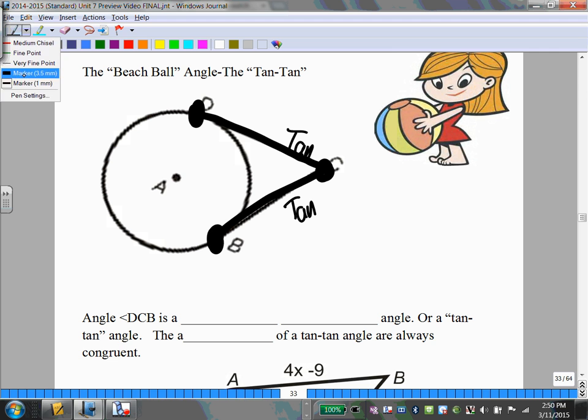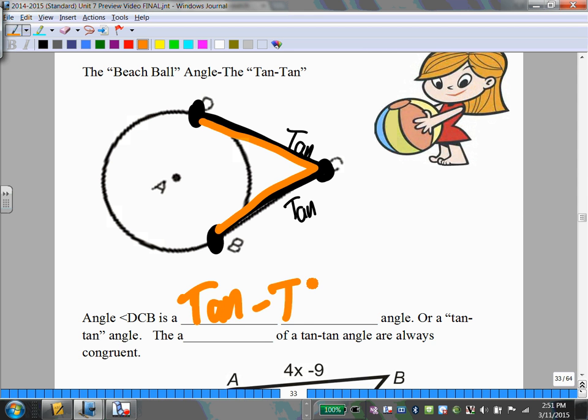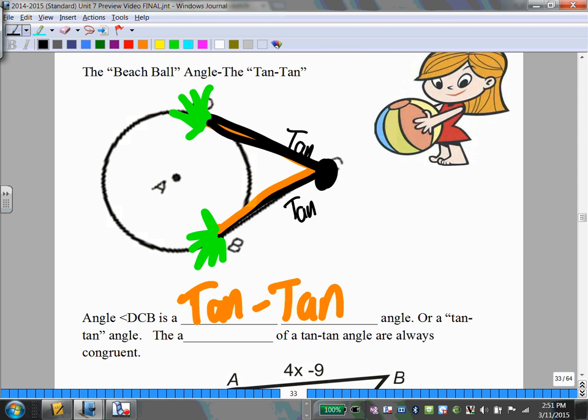Ready? DCB, just trace it. DCB is a tan angle. Imagine you're holding a beach ball with your hands, and you ask yourself, what would you know about the length of your arms?